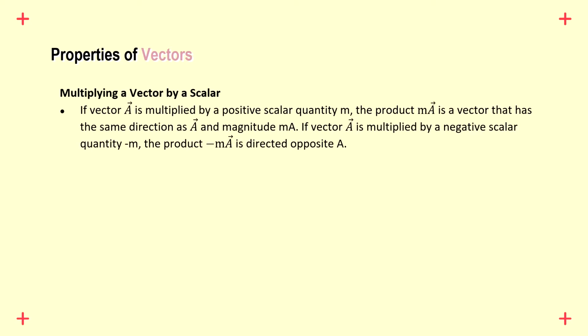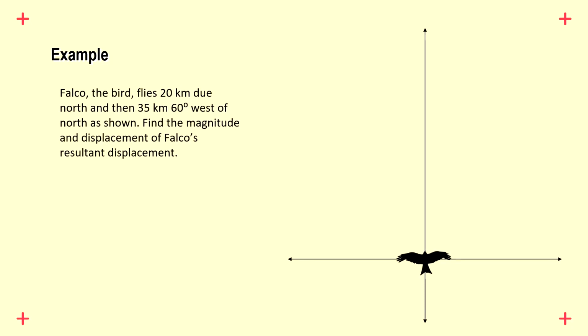Okay, let us have an example. Falco, the bird, flies 20 kilometers due north, then 35 kilometers 60 degrees west of north as shown. So we have here the bird Falco, who is still a silhouette because he is still in the manga. Now he flies 20 kilometers north, then 35 kilometers 60 degrees west of north.